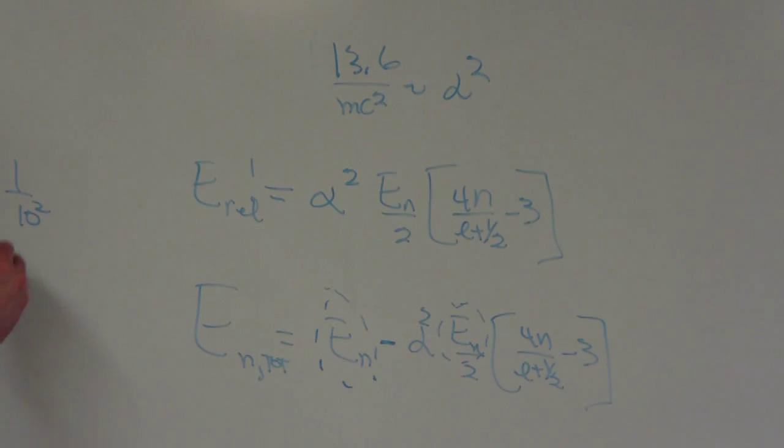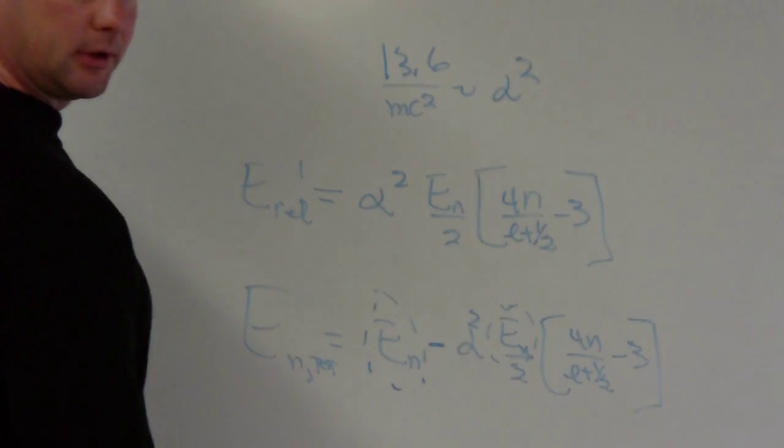So alpha is 1 over 100, and so alpha squared is 1 over 10,000, 10 to the minus 4. All right, so how big of a correction is this?